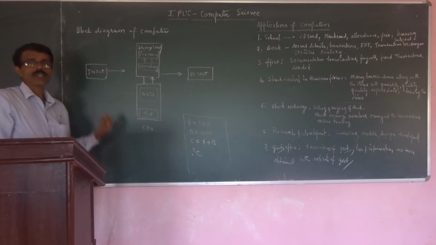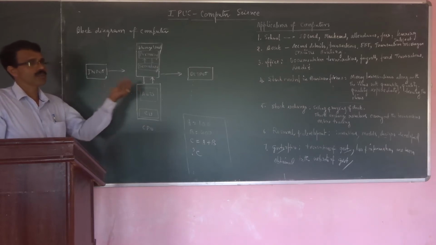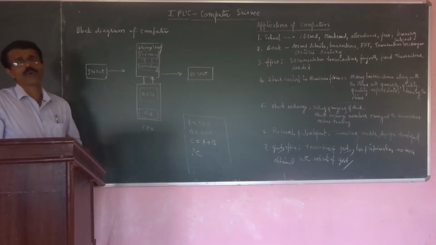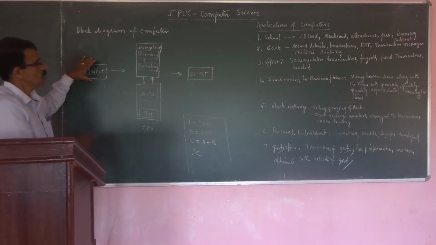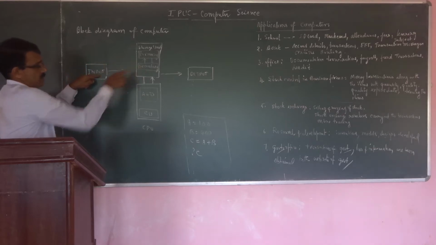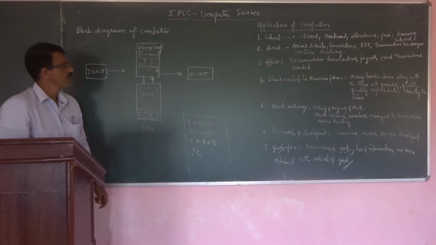For selection type of inputs, a mouse or some other type of devices can also be used. So the input device is used to furnish data into the system, what we call the CPU.